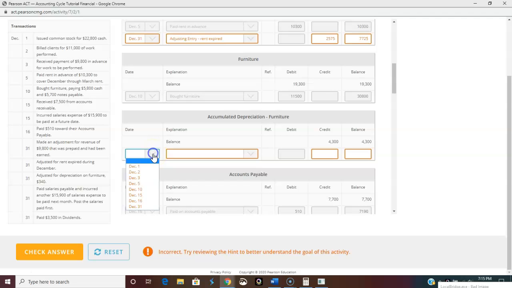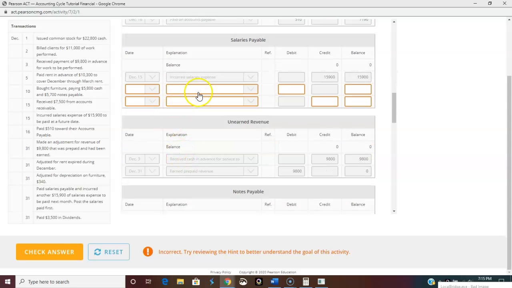Oh, accumulated depreciation on December 31st should have been this 340. So that would be a 47.40, I think. 46.40. What else did I miss? Salaries payable. We paid one of them, right? On the 31st.